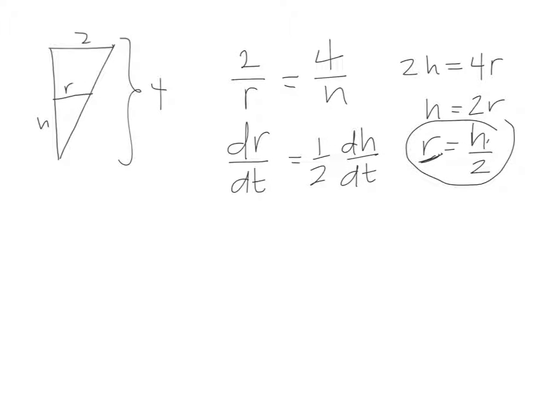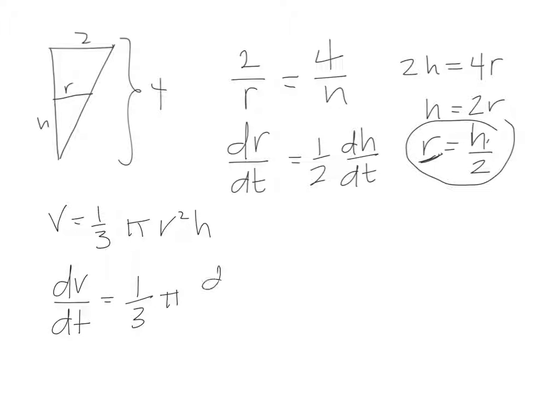Okay, so let's bring back volume equals 1/3 pi r squared h. Unfortunately, this is going to involve implicit differentiation and the product rule. Now, 1/3 and pi are constants, so I am going to apply the operator so that dv by dt is equal to 1/3 pi, and I'm going to apply the operator to r squared h.